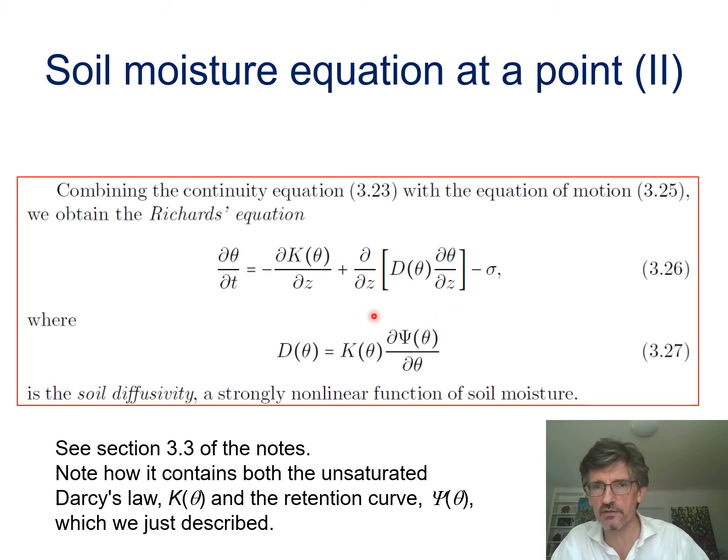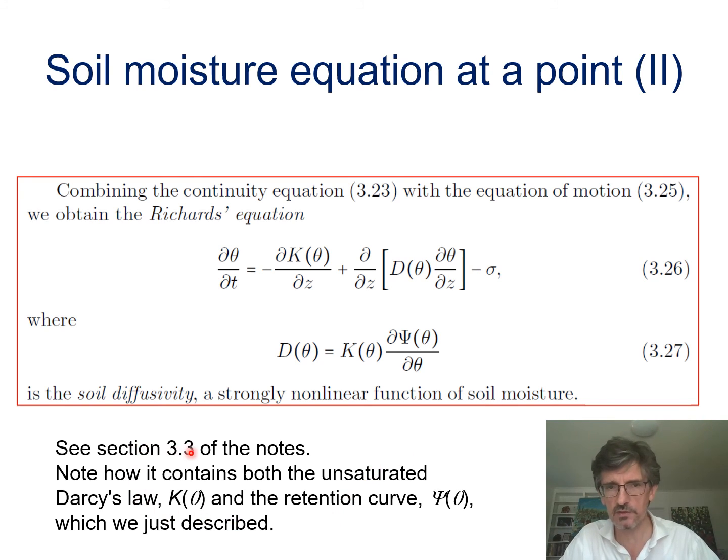So do this exercise and get this form once and for all. And at the end, of course, we also have the sink term that remains because of the root uptake. So nonlinear advection, nonlinear diffusion, because D is not a constant, but is a function of theta, a strongly nonlinear function of theta. And the sink. That's Richards equation, including the plant uptake.